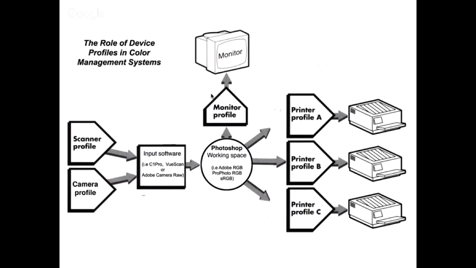So in our first situation here, and this works with scanners as well, we're going to generate a camera profile. The camera profile does the correction coming into your input software, whether that's C1 Pro, ViewScan, Adobe Camera Raw, Bibble, whatever you're using to actually get the raw data from your camera. That then passes that color information into Photoshop.